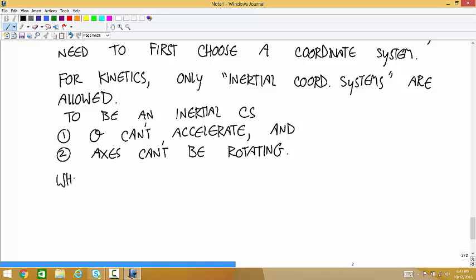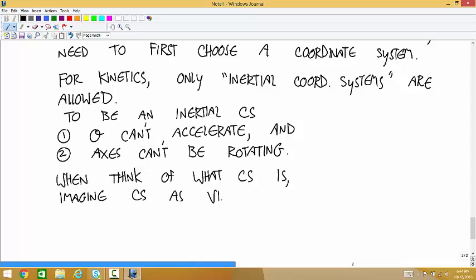When you think about what a coordinate system is, to make sense out of this idea, imagine the coordinate system being a video camera that's recording the motion of the objects. The video camera that's observing the motion.